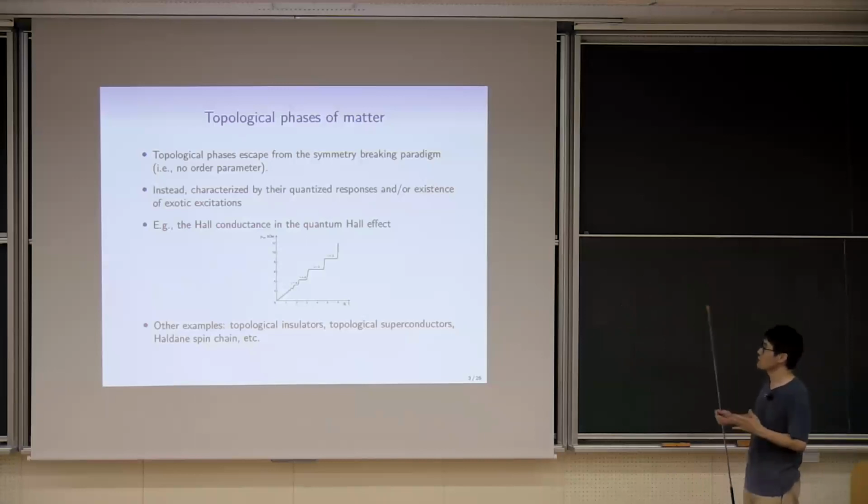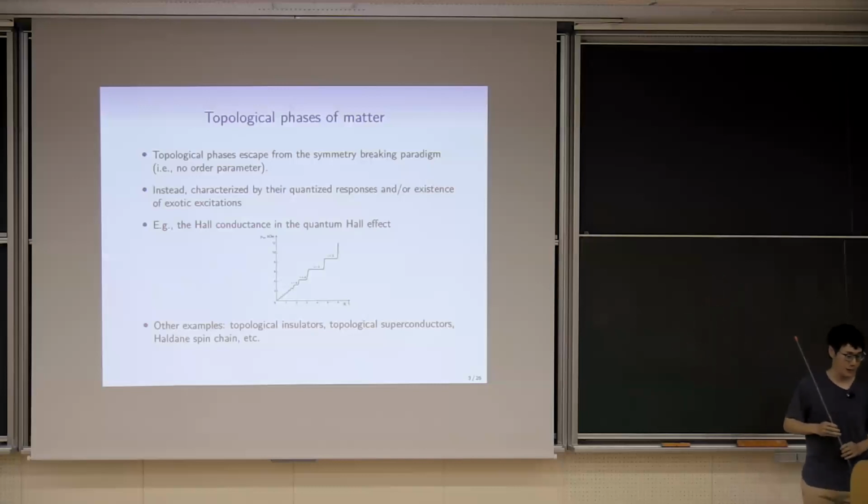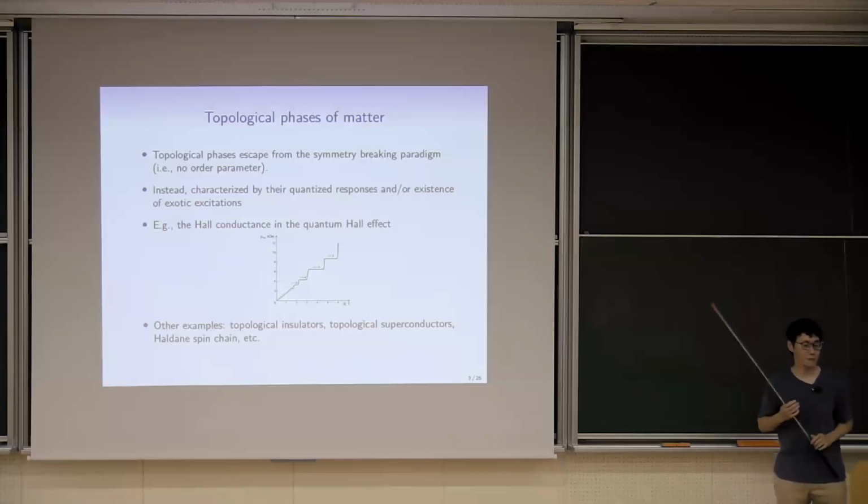So there's no order parameter to talk about. The conventional way to detect and distinguish different phases is to use local correlation functions or other order parameters, but topological phases are distinct in that they escape this paradigm.